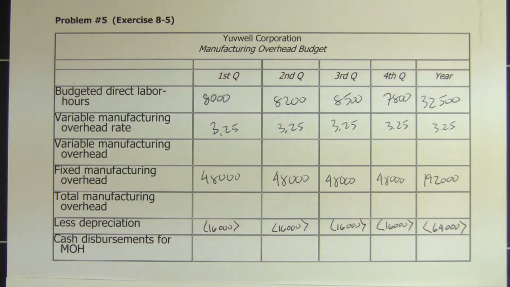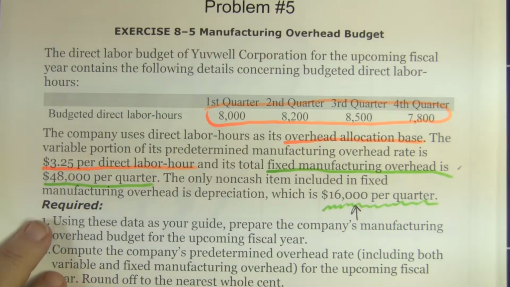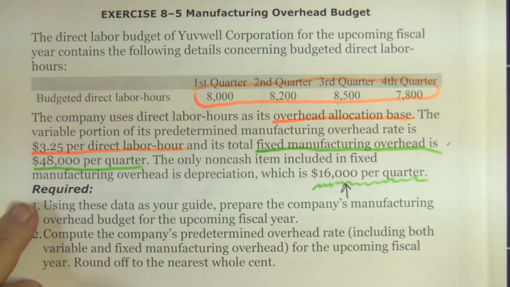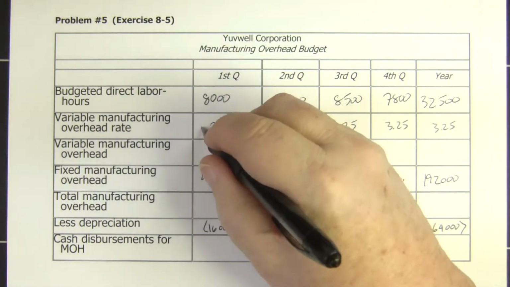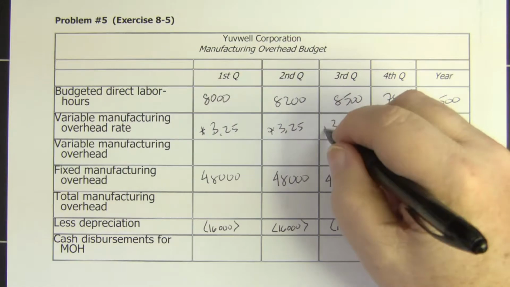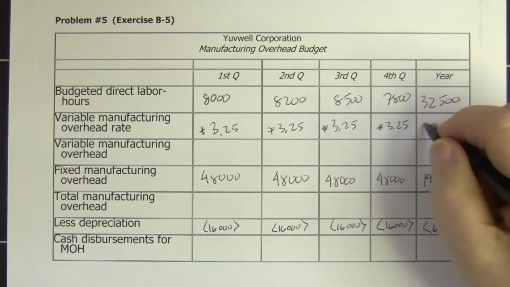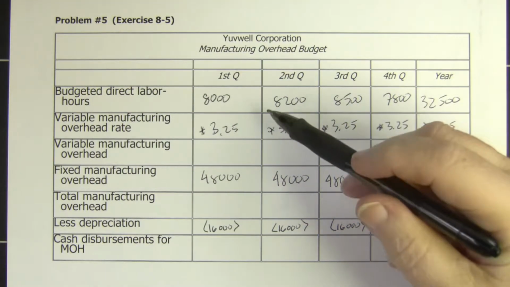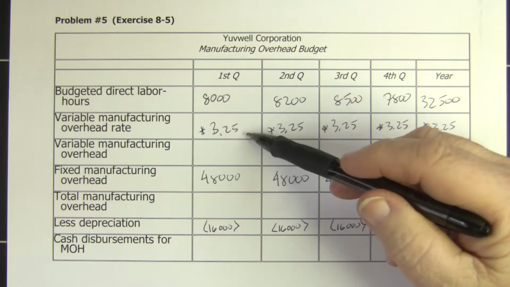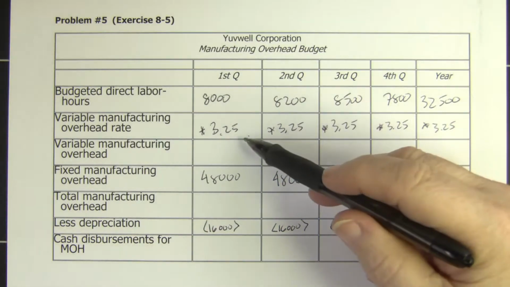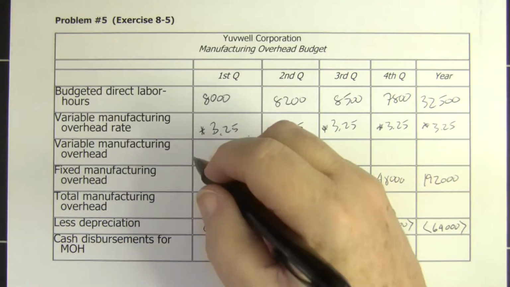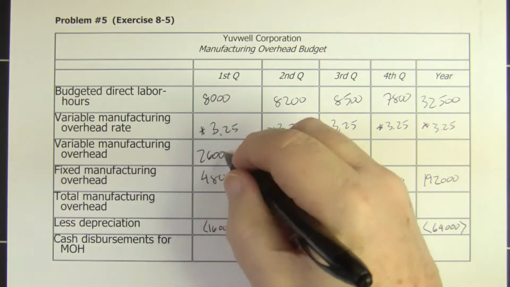So now let's go through and fill in the rest of the pieces. Because everything we've done so far, we just copied from here and put it in the grid. Now we have to do a little bit of math. Arithmetic, really. We're going to use 8,000 hours of labor, and each one of those is going to cost us $3.25 worth of overhead. 325 times 8,000, 26,000.